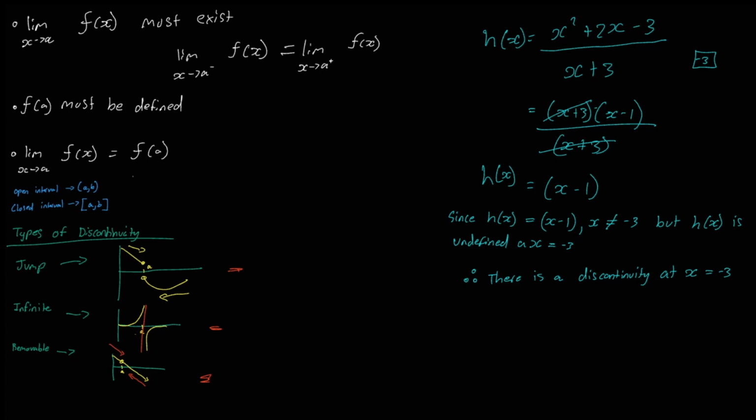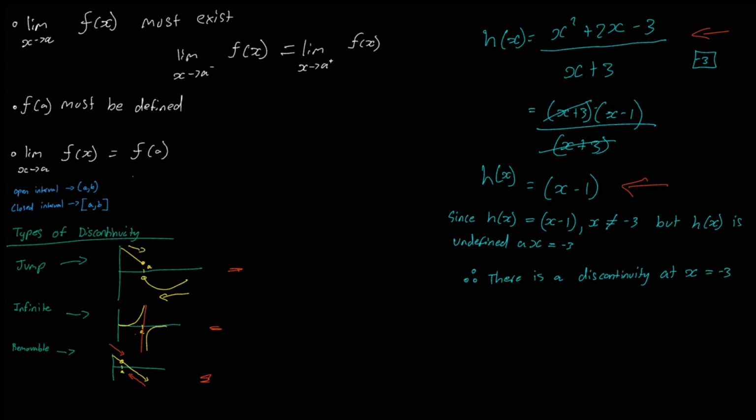h of x would be discontinuous at negative 3 if we left our function as is. If we just had it as is, when x is equal to negative 3, our function is discontinuous. But if we simplify our function, or find the equivalent function of h of x, we can see that if we use negative 3 in this function, it would equal negative 3 minus 1, which equals negative 4. Therefore, depending on the values you insert, it becomes continuous or discontinuous.